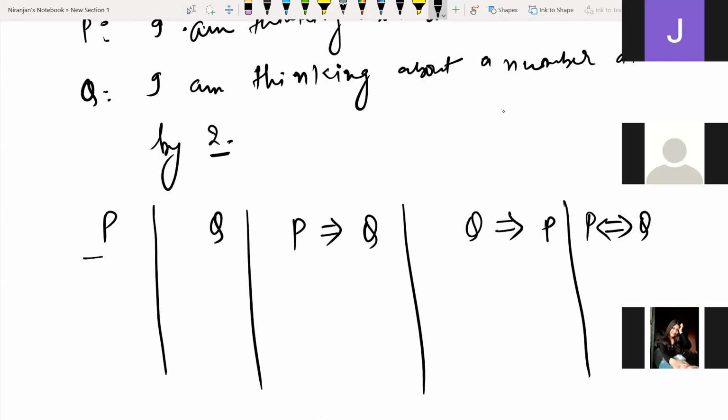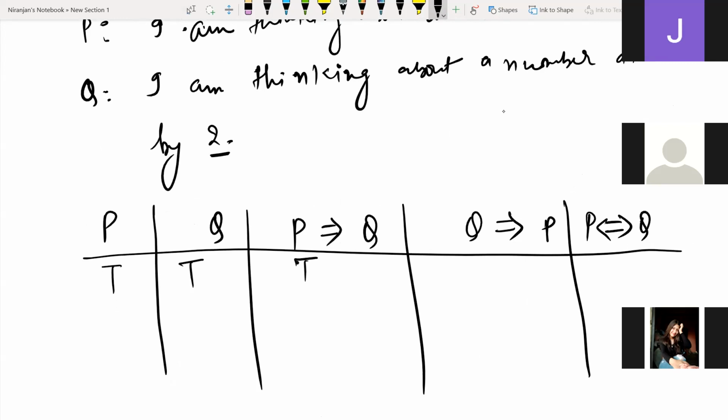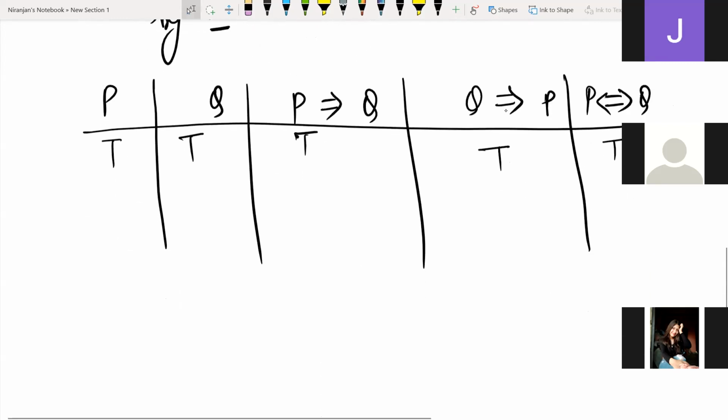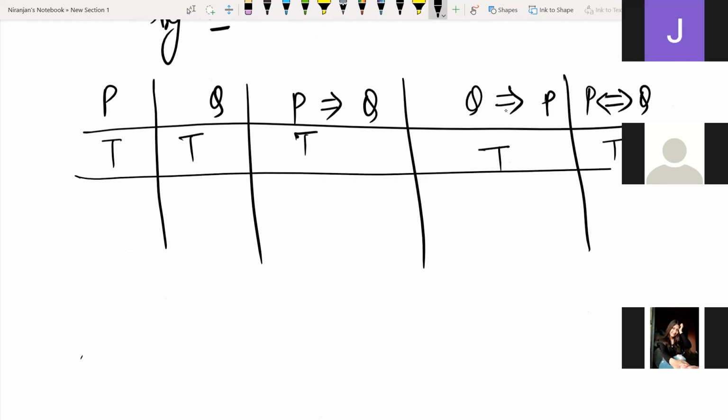It's as simple as that. I'm sure many of you know what the result would be. So this is true, this is true, this is true. Then when you take T, this is F, this is F, this is going to be true, this is going to be F.